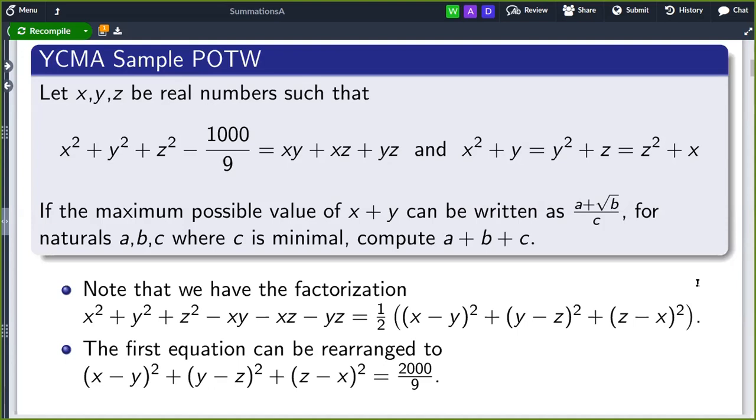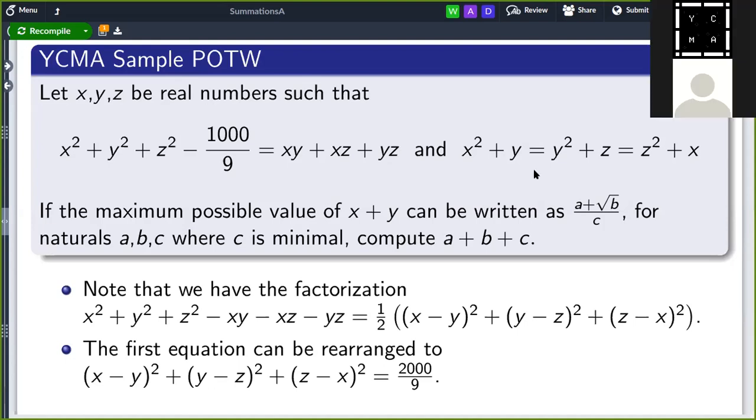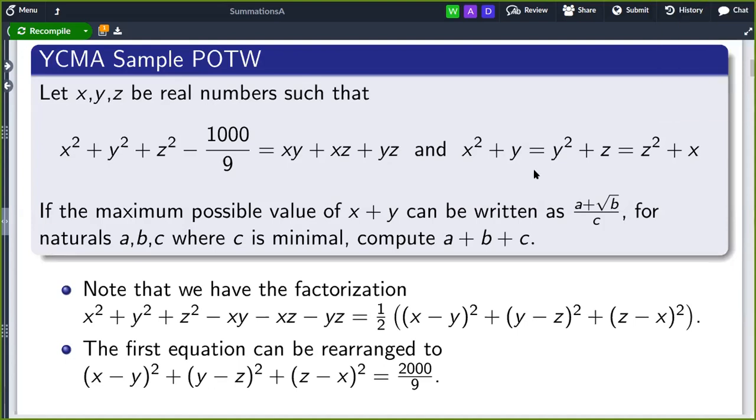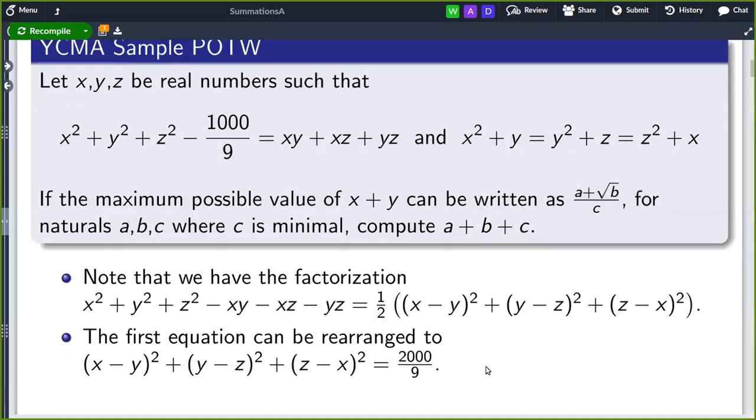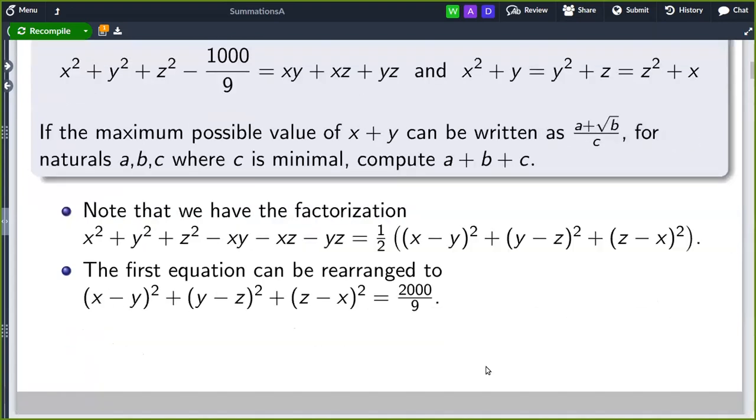Does anyone have any ideas for what to do for the second equation? If you have an idea, type it in the chat.